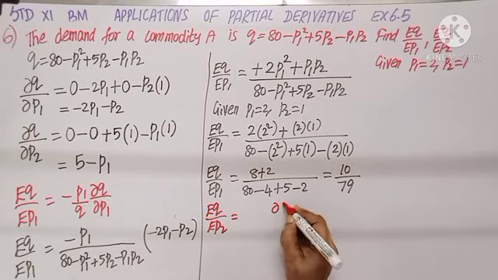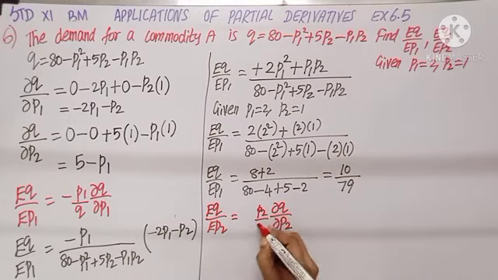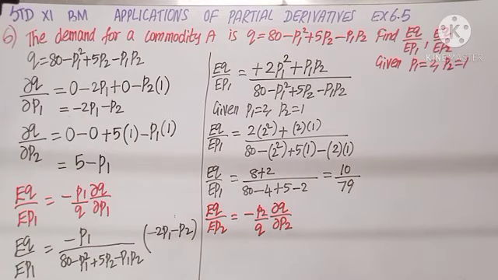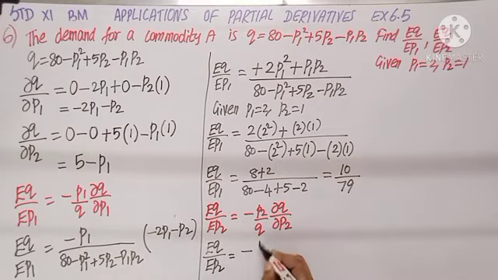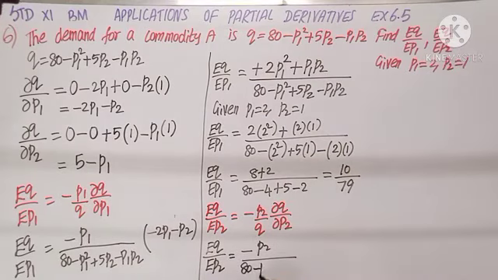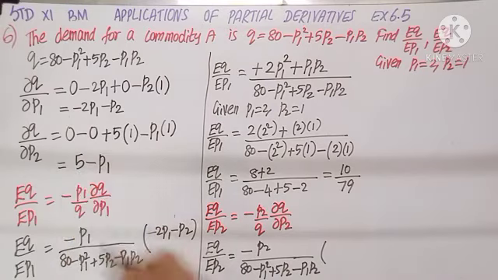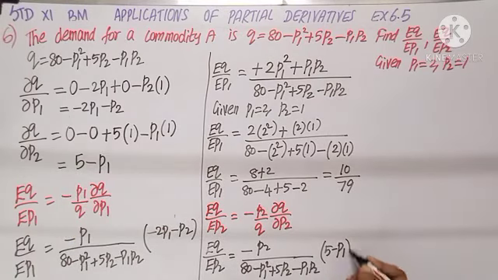Now let us write the formula for EQ by EP2. It is dou Q by dou P2, reciprocate P2 by Q, with minus symbol. So minus P2 by Q into dou Q by dou P2. EQ by EP2 equals minus P2 by Q, where Q from the question is 80 minus P1 square plus 5P2 minus P1 P2, into dou Q by dou P2, which is 5 minus P1.